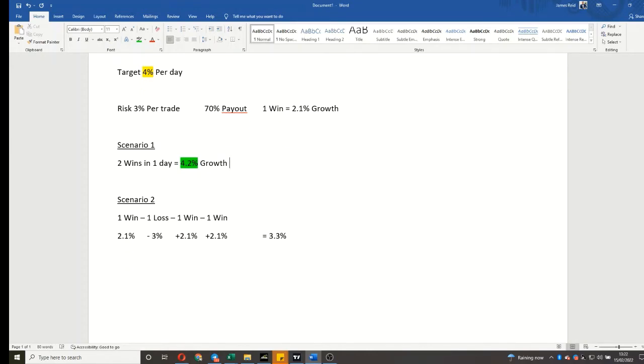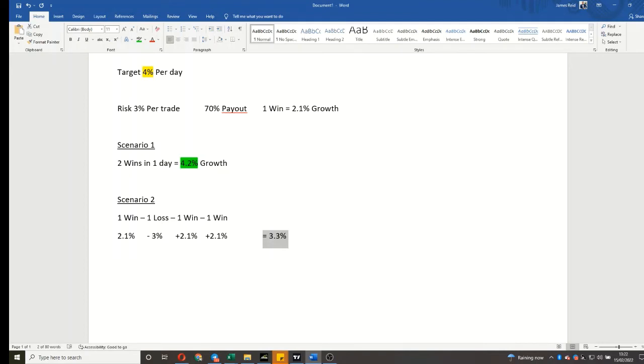So scenario number 2 on 70% payout is, you win the first trade, you lose the second trade, you win the third trade, and you win the fourth trade. And if this was the scenario, then that's 2.1%, because that's your win, minus 3%, because that's your loss, plus 2.1% plus 2.1, which overall would be 3.3%.